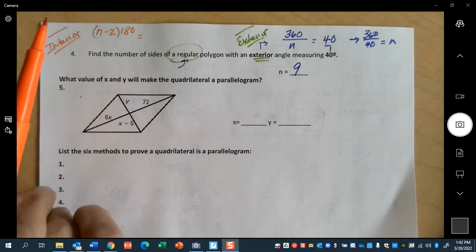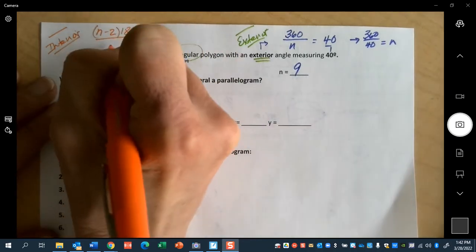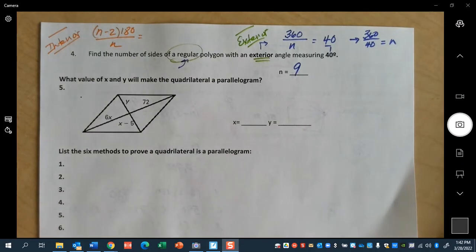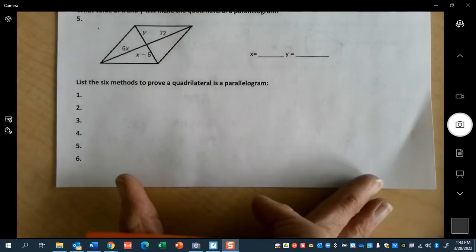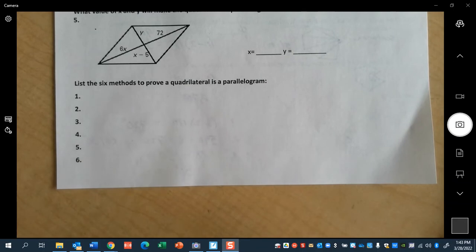Go ahead. You have to divide it by the number of sides. Perfect. So this formula is going to give me each individual interior angle of a regular polygon. This is the formula that I use for exterior. Everybody good with that?